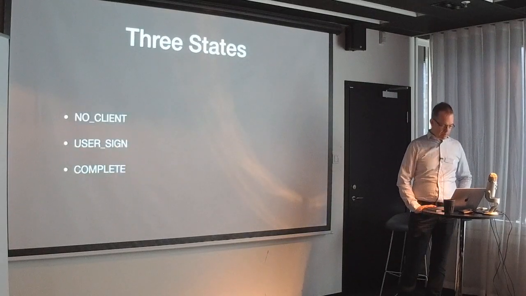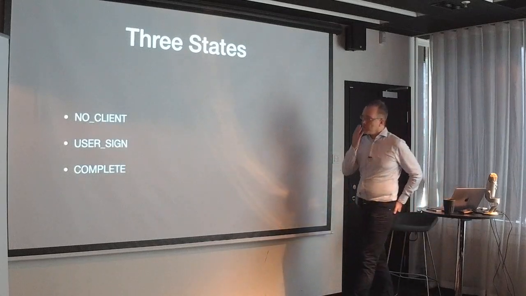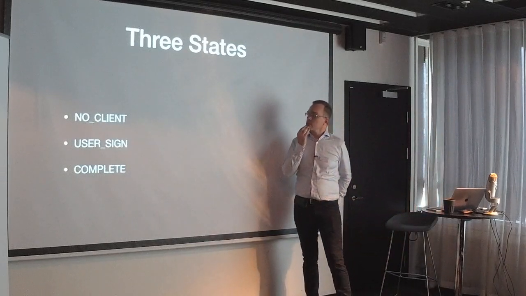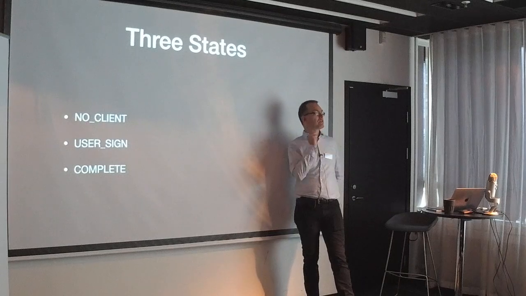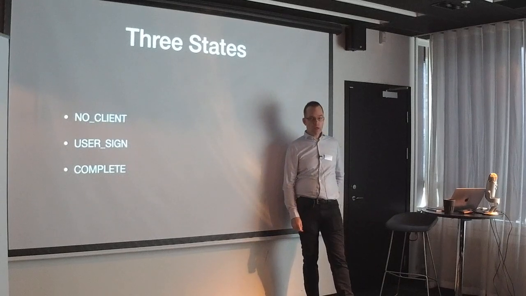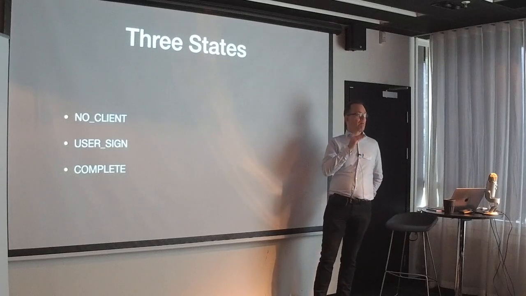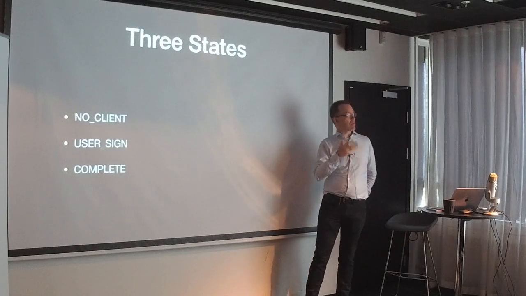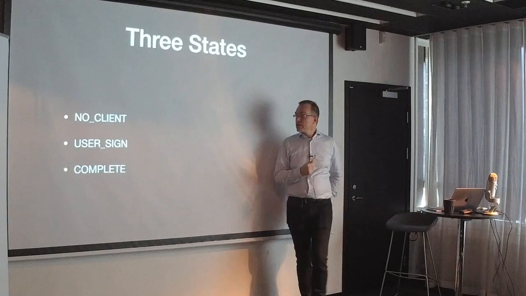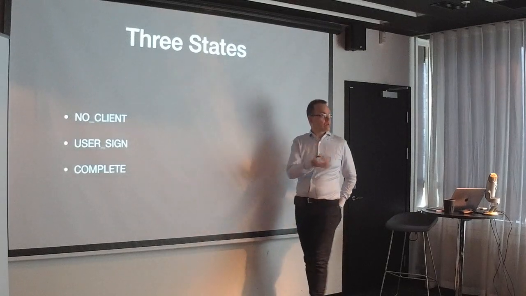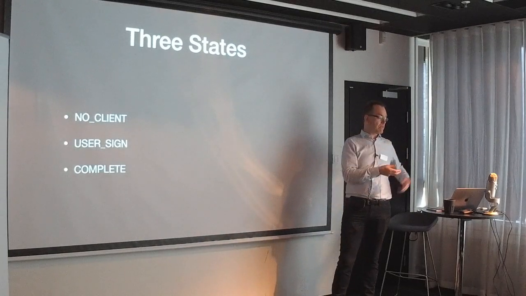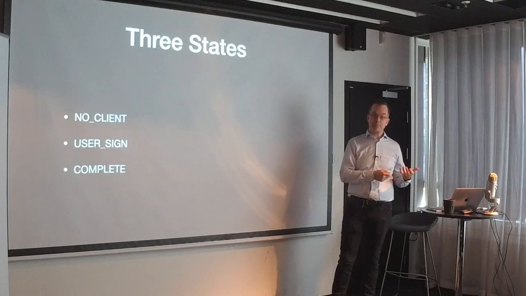And then we have three statuses or states for an authentication request that we need to handle. There are many more that you really need to handle, but for a proper login that works, these are the three that the request goes through. You start with no client, meaning that the user has not pulled up the user interface on his iPhone to see the challenge yet.